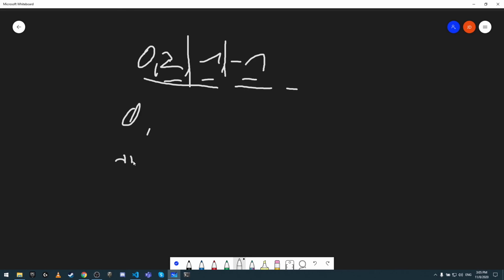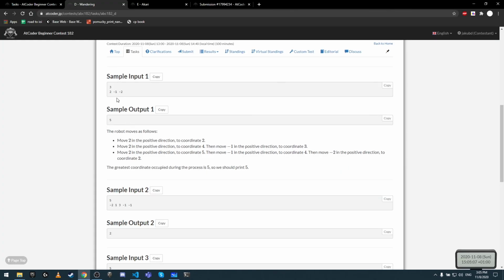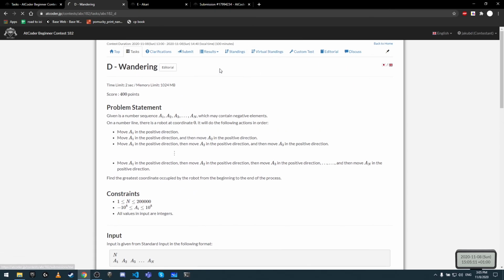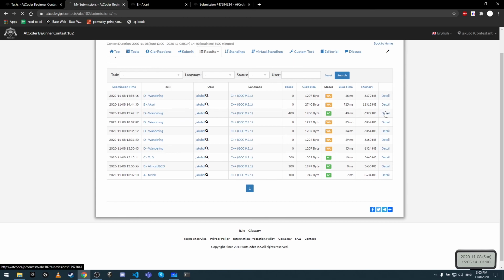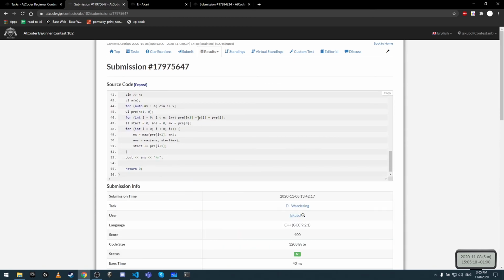Okay, so in the first iteration, I can show it to you on the code. This will be easier. This one is the wrong one. My submissions, and okay, so we did the prefixes.